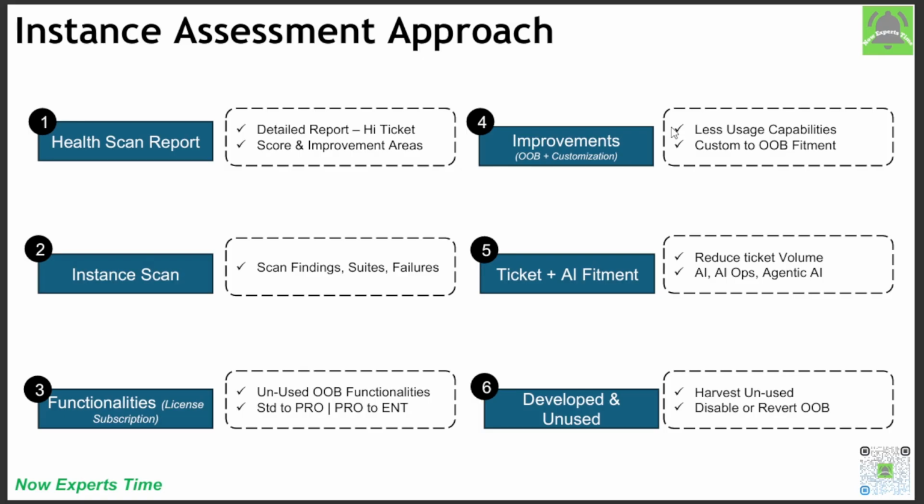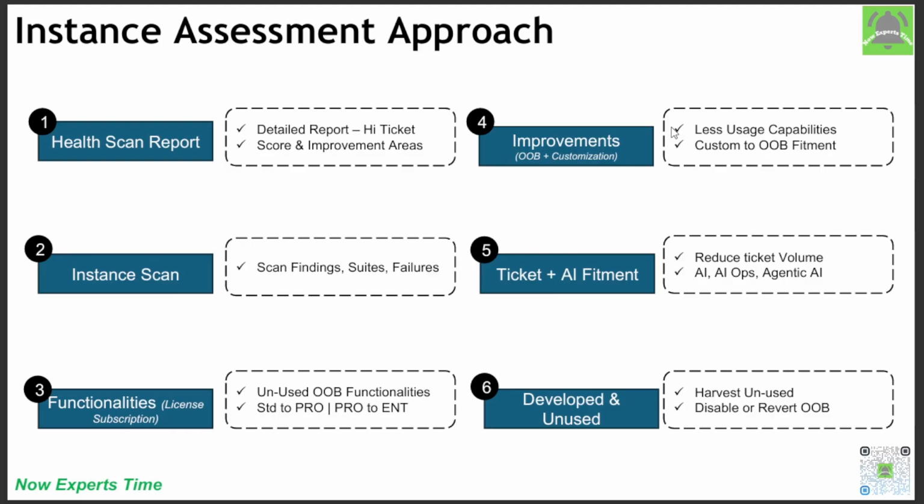The first priority item is the health scan report. ServiceNow itself is already preparing a report, so by default it will come. But what you should do is create a HI portal ticket and get a health scan report. Otherwise you directly talk to your ServiceNow representative and say, this is my requirement, I need a health scan report with the detailed information.